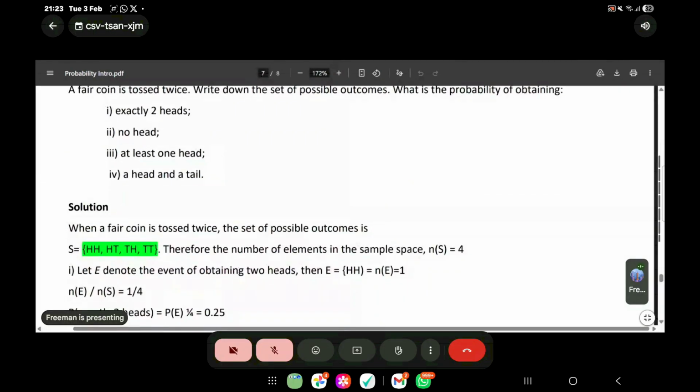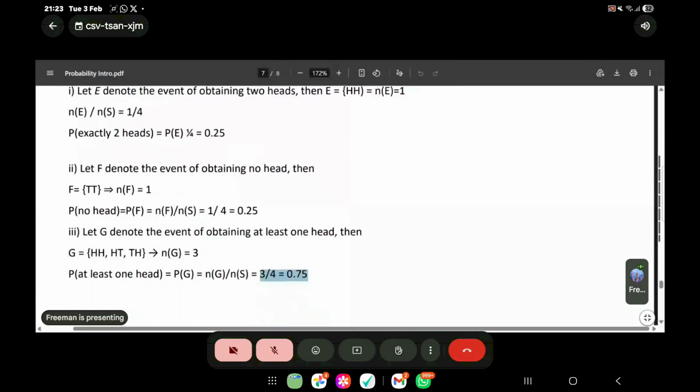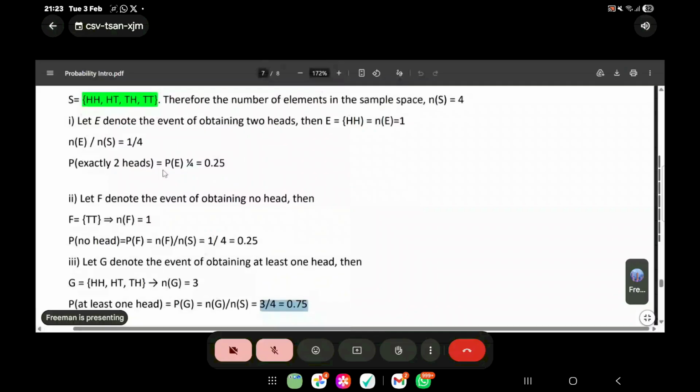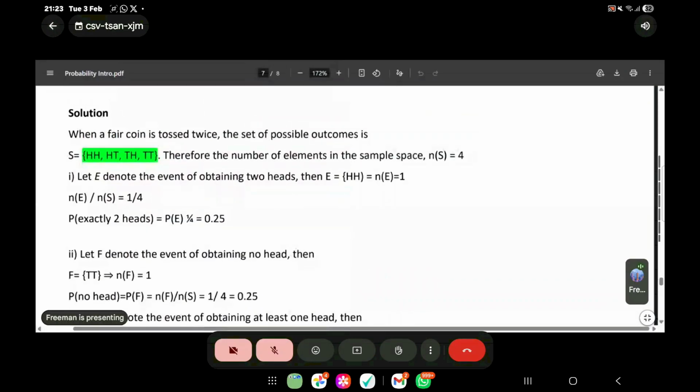A head and a tail. Probability of getting a head and a tail. So here there is head. Here there is head, there is tail. Here there is head, there is tail. Here, tail.